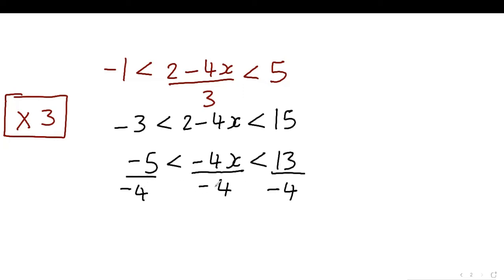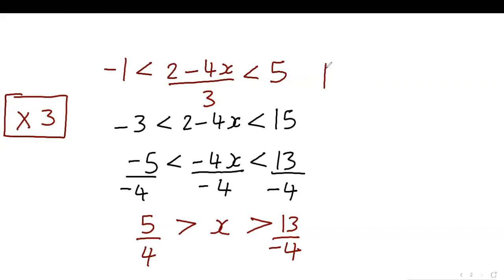Whenever you divide by a negative number, you flip the sign. So the sign is going to become x is now bigger than 13 over -4, but x is less than -5 over -4, which is just 5 over 4.